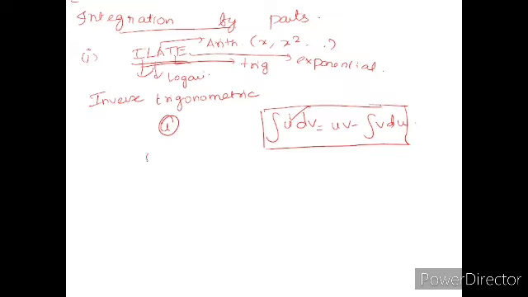The first prioritization should go to inverse trigonometric, second is logarithmic, third is arithmetic, fourth is trigonometric, and fifth is exponential. So your prioritization for u while choosing, you should be very careful, because then only your integration will be very easy. Okay, so this is very important, ILATE.